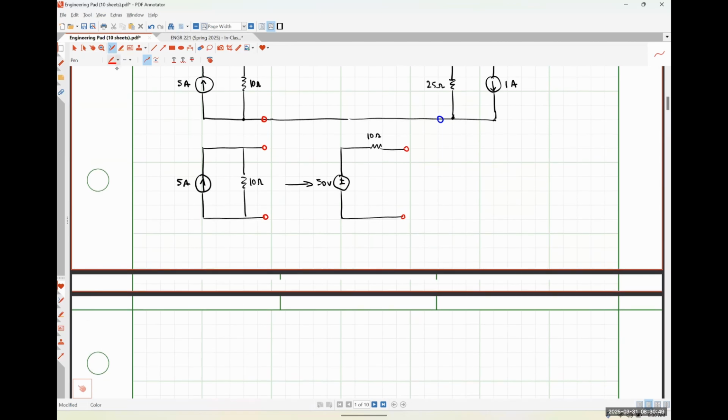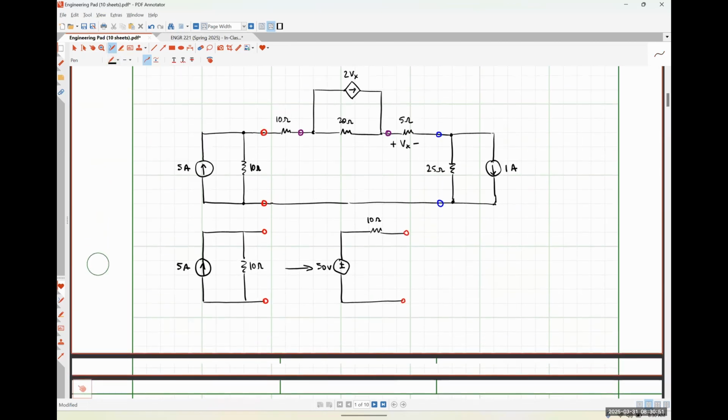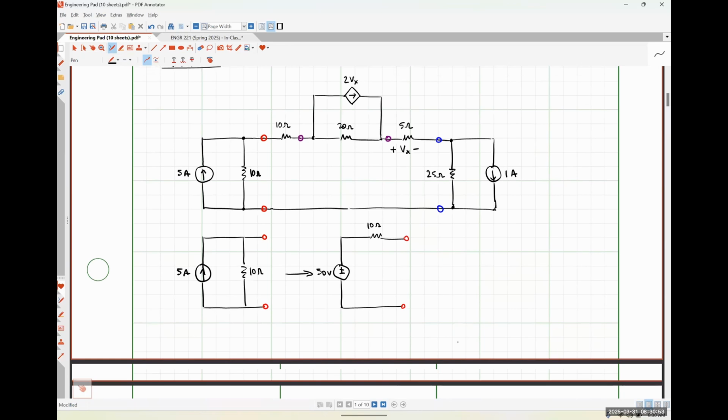Let me scroll down here. I have a 20 ohm resistor in parallel with a 2Vx current source.